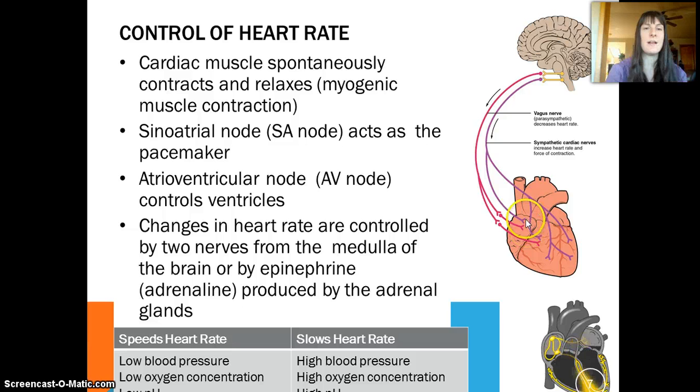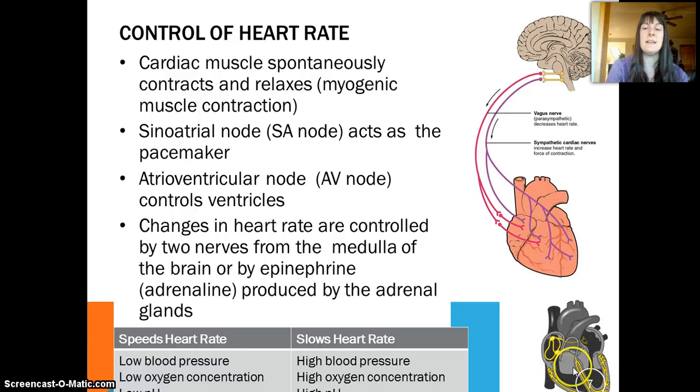What is going to occur right there is it's going to send out a little electrical signal that's going to cause the squeezing of the atria. Then with a tiny, small time delay, there's going to be the AV node down here, the atrioventricular node, which is going to cause the squeezing of the ventricles. So the pacemaker initiates the squeezing.